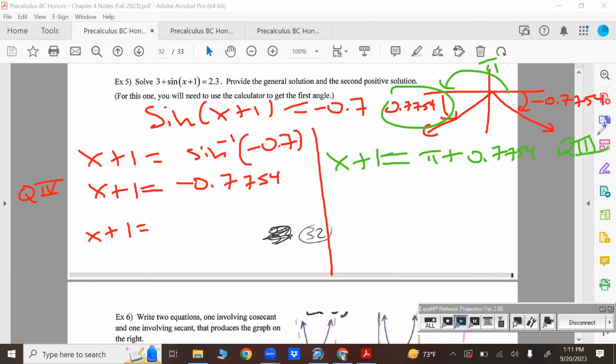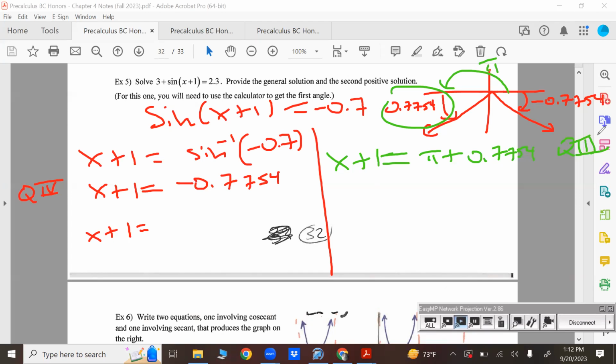Again, that's what the calculator spits out. When it goes to the fourth quadrant, we'll go with that. But it's not the whole story, right? That also can happen in the third quadrant. So use the reference angle. That's negative 0.7754. You have to do 0.7754 the other direction as well. Because I'm just using reference angles, this angle usually stays a positive angle.